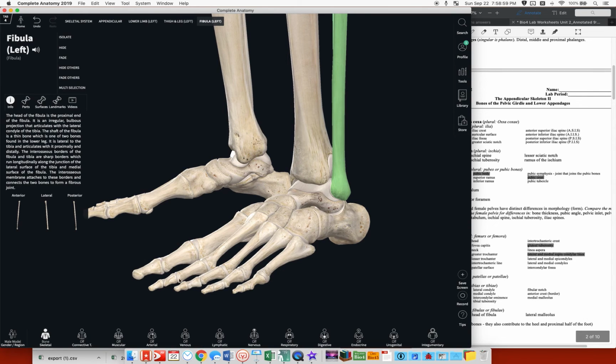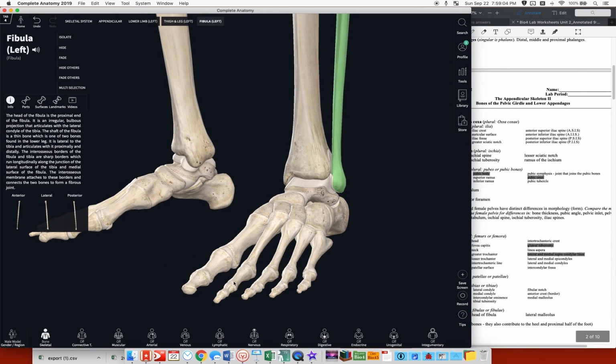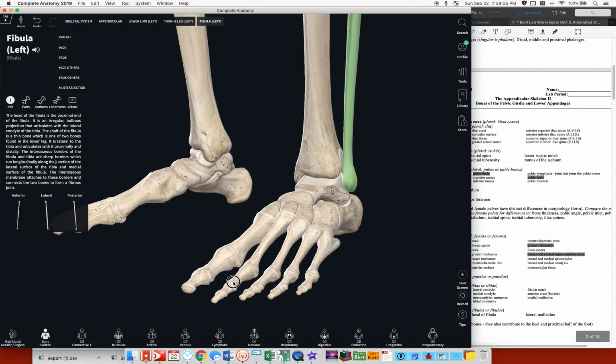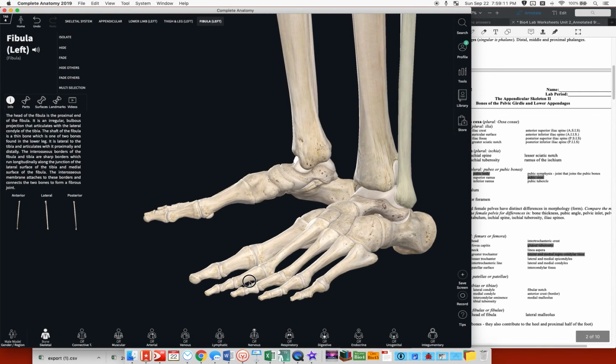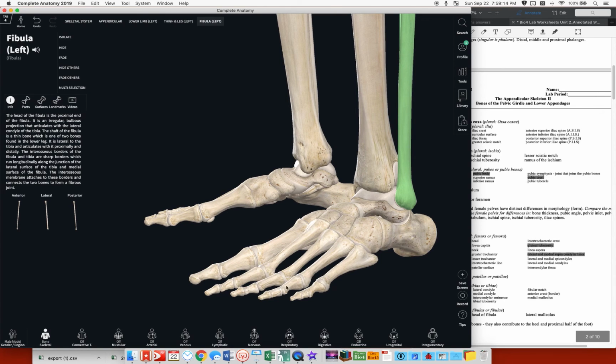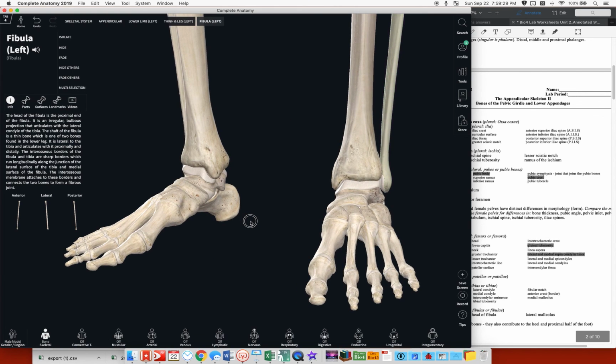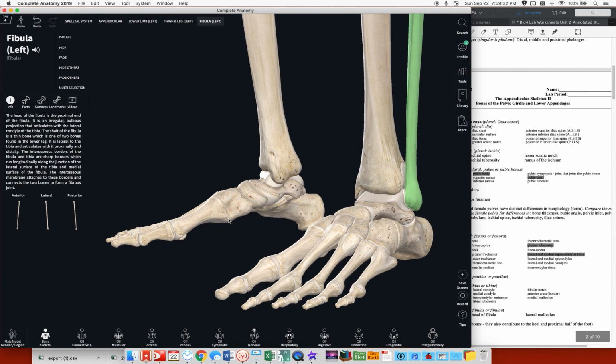Digits 2 through 5 each have three phalanges: proximal, middle, and distal. So this one specifically will be the 4th proximal phalanx of the left foot, and this will be the 5th distal phalanx of the left foot. This is it for lower appendages.